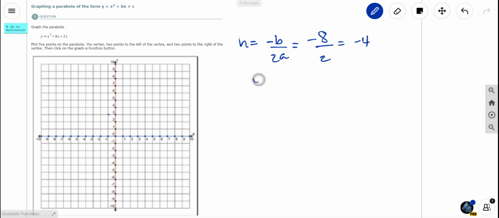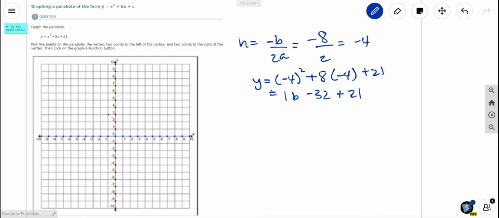Then we're going to plug it in. y equals negative 4 squared plus 8 times negative 4 plus 21 equals 16 minus 32 plus 21. 21 and 16 is 37 minus 32 is 5. Okay, so the vertex is (-4, 5).